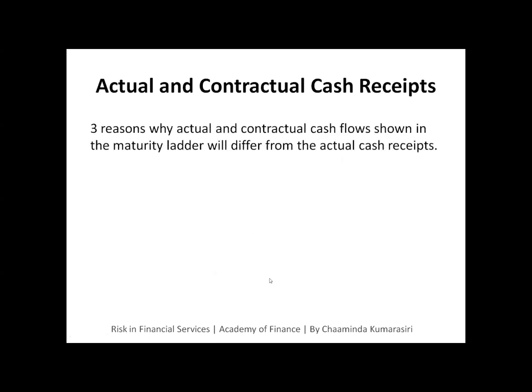Right. Then you need to understand, I told you our basis of preparing the maturity ladder is contractual commitments, right? Not the actual cash movement, but the contractual obligation as per paper.